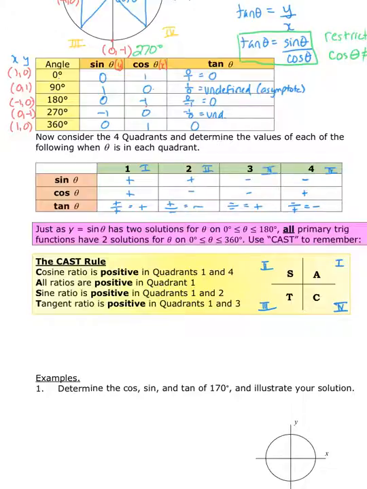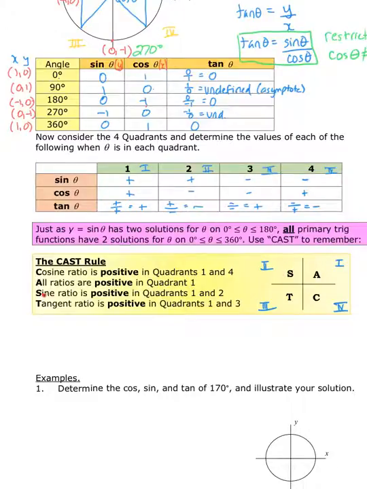So the CAST rule, you see it's spelled C, A, S, T. We go counterclockwise, but we start in quadrant 4 with the C. So the C means that the cosine ratio is positive in this quadrant. Only the cosine ratio. A in quadrant 1 means that all of the ratios, sine, cos, and tan, are positive in quadrant 1.